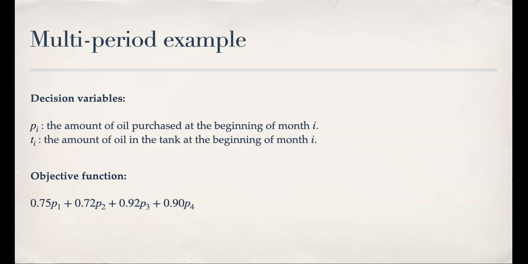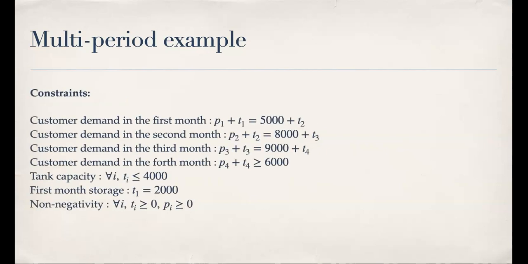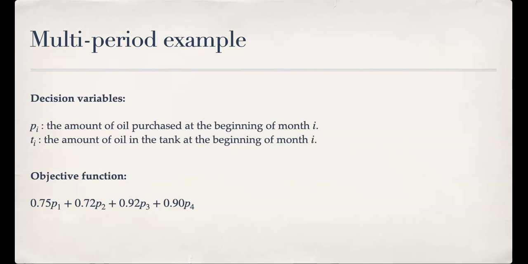And the third period, 0.92 P3, and 0.9 P4. Okay. So this is the cost for the whole 4 months, right?